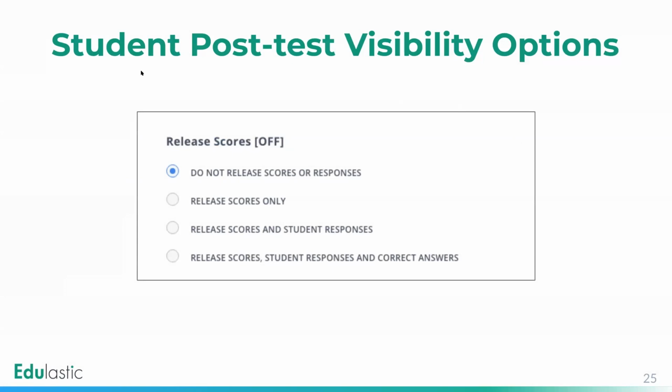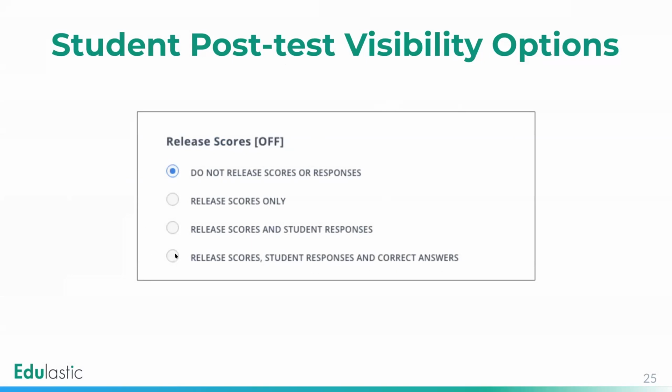And then there are also some security student post-test visibility options available. So you can determine how you're releasing the scores. Those of you familiar with the free version will know that it's kind of all or nothing. You can either not show students anything after the test, or you can show students everything after the test, including their scores, their responses, and correct answers.